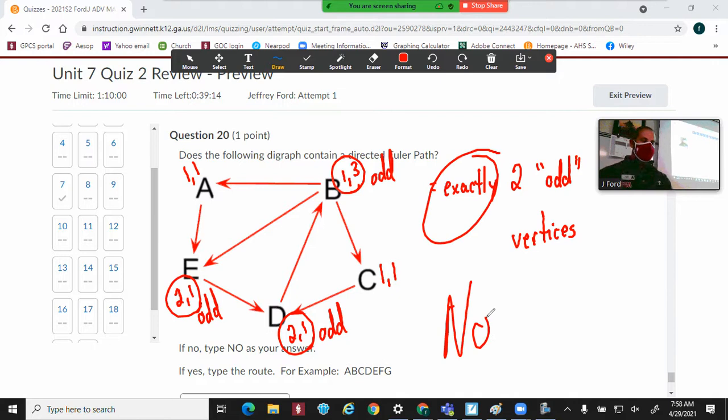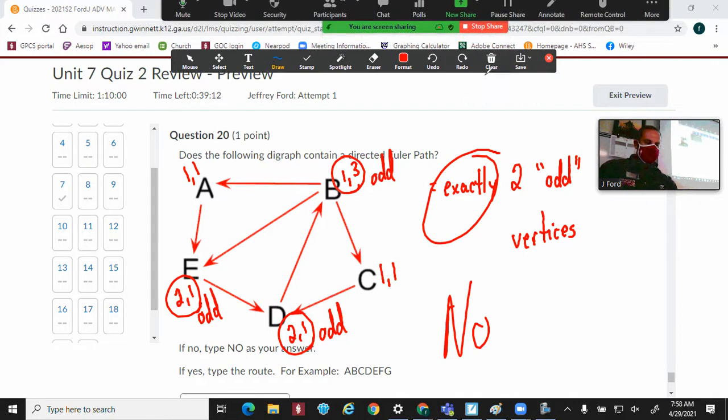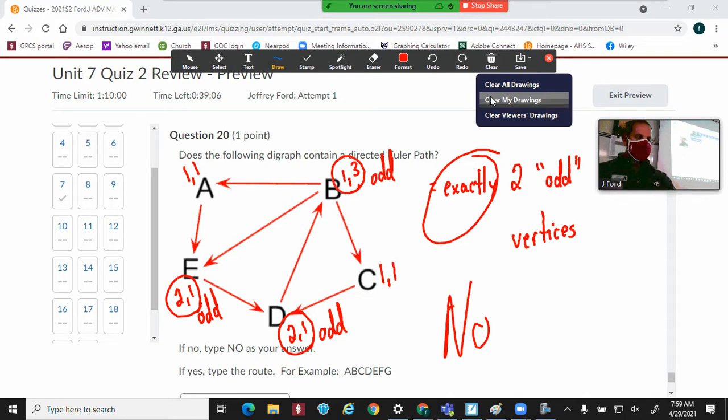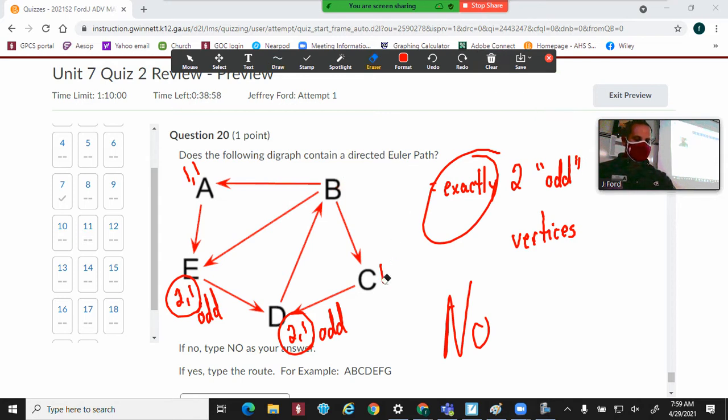Now, I tell students when you're dealing with Euler paths and digraphs, yes, it's always good to go by the guidelines, but spend a minute or two just seeing if you can guess and check. Sometimes you might have some weird ones that might be a guess and check situation.